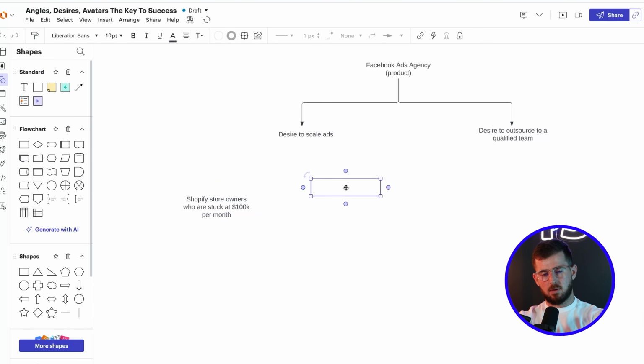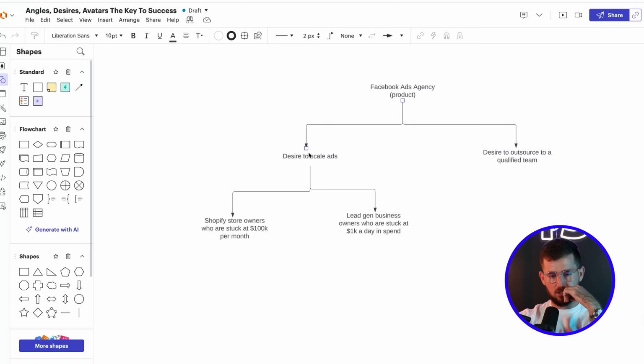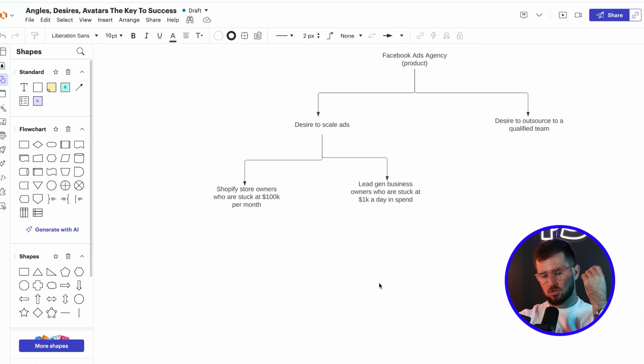Then another one might be, let's not even do Shopify, lead gen business owners who are stuck at 1K a day in spend. I'm just looking at who are the different customer avatars who have this desire. That's all I'm looking at. So we have our product, our desire, and our different people, our customer avatars.